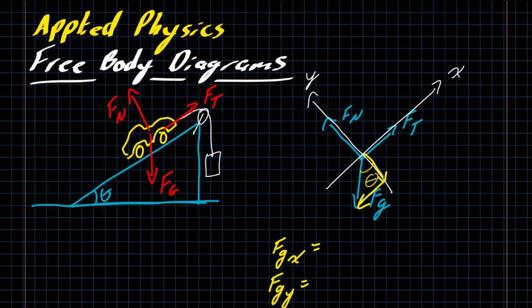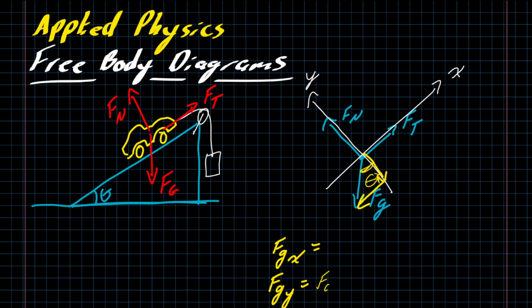This is a little bit trickier than it appears at first glance because our angle is not given to us in standard position. But if we just think about trigonometry, we have a right angle over here, we have our known angle here, so the force of gravity is the hypotenuse, the y-axis is the adjacent leg, so adjacent over hypotenuse is cosine.